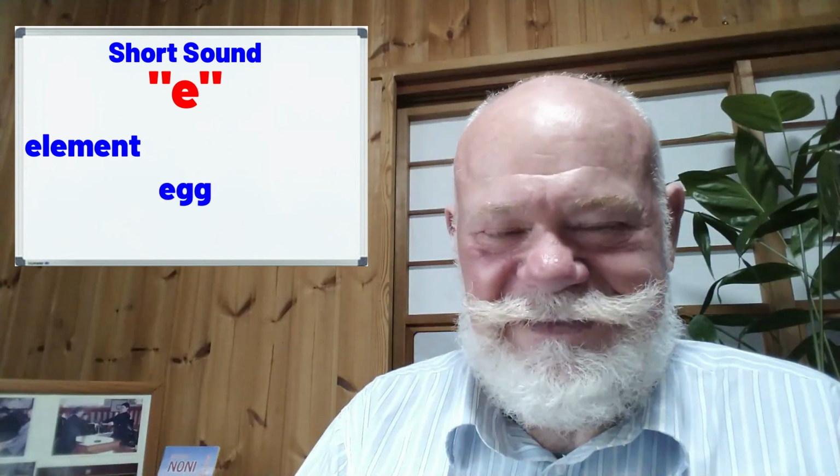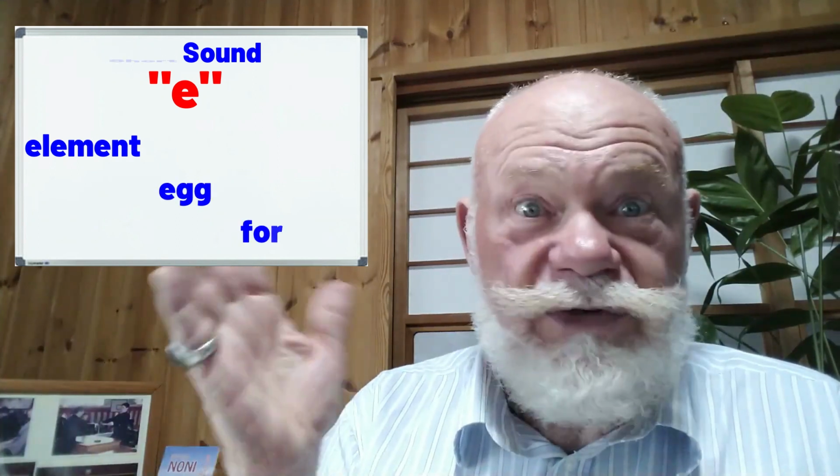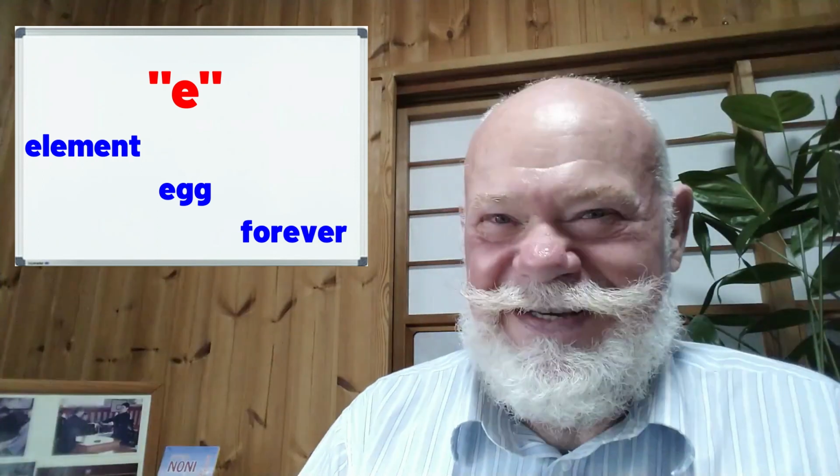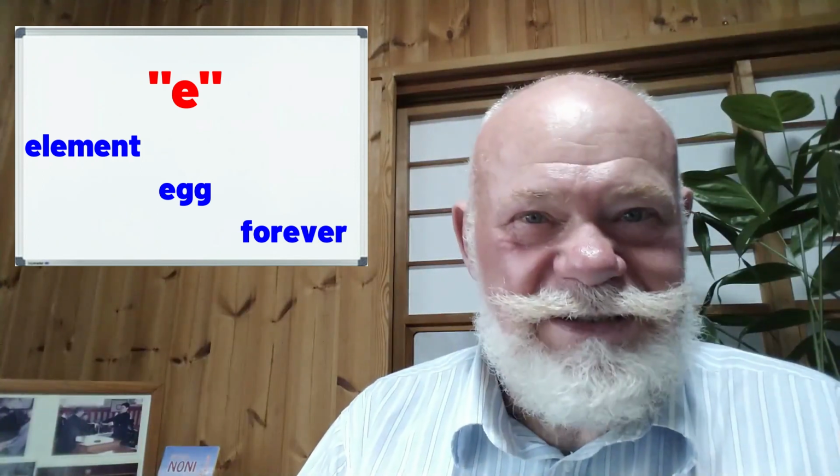The little creature that crawls around on the ground. The letter E, which is element. There's 2 in that word. Egg. A word I love. Forever. It's not at the beginning, but it's in the middle.